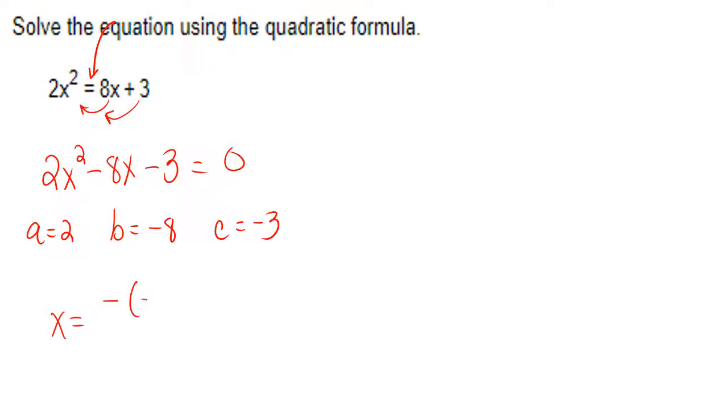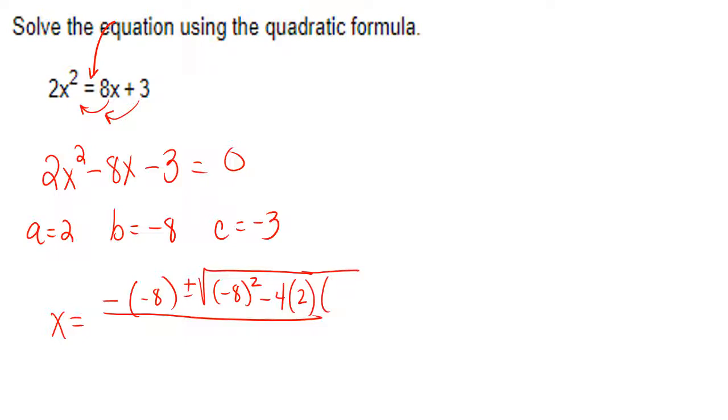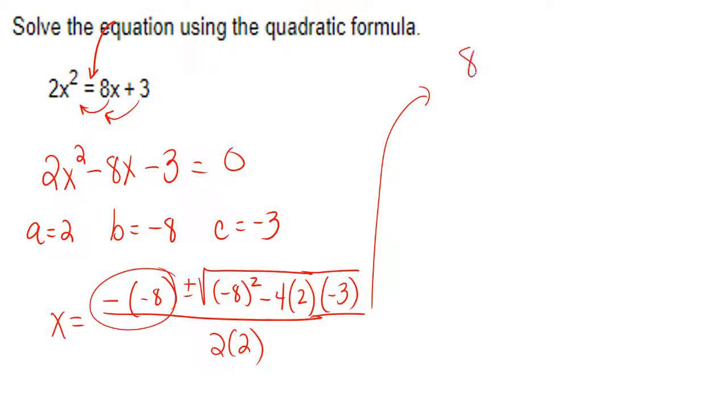Negative b is negative 8, plus minus square root. b squared is negative 8 squared, minus 4 times a, which is 2, times c, which is negative 3, all over 2a. Now we must simplify. First, negative negative will give me 8 plus minus.